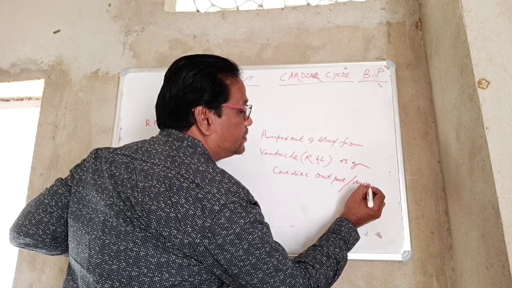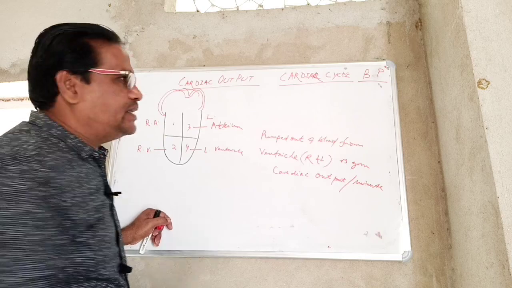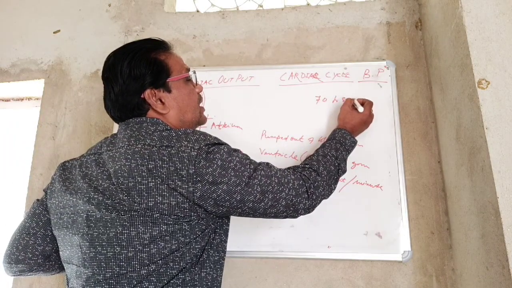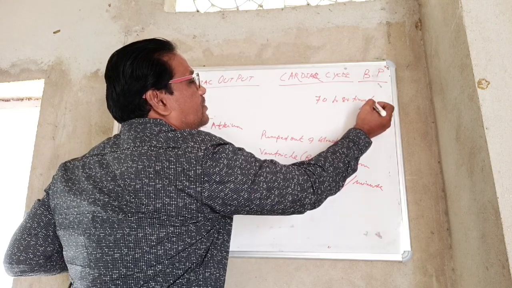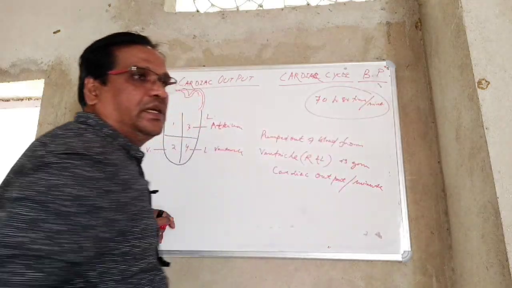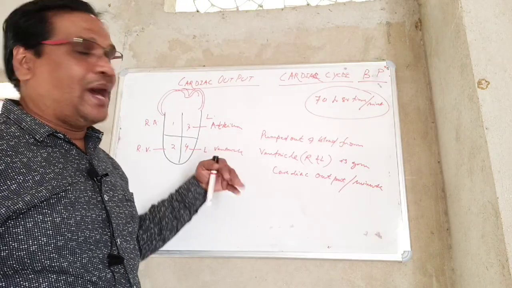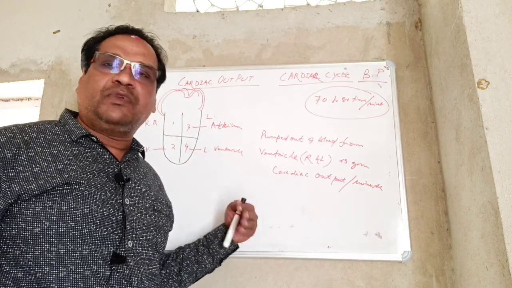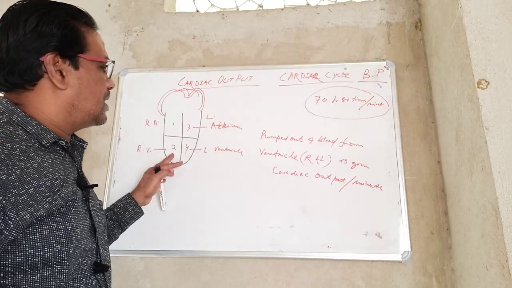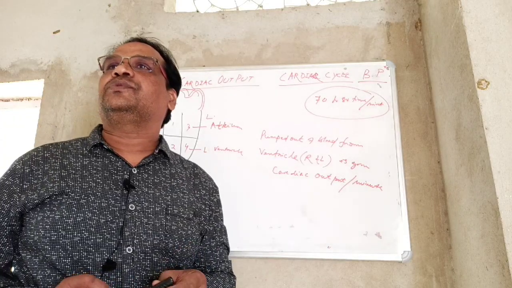We know the heartbeat is 70 to 80 times per minute. That is called the heart rate. So the volume of blood pumped out from the right and left ventricle per minute is your cardiac output.